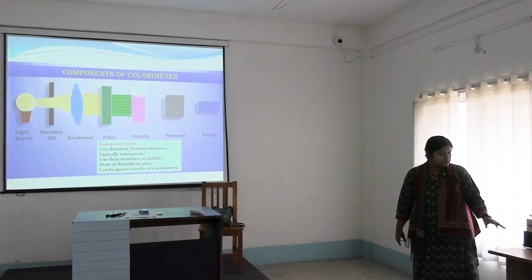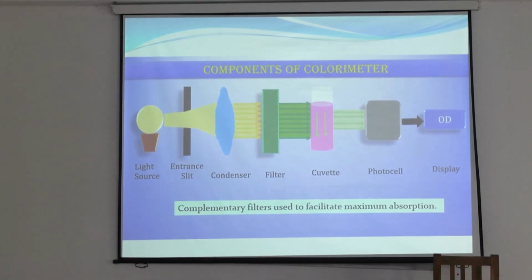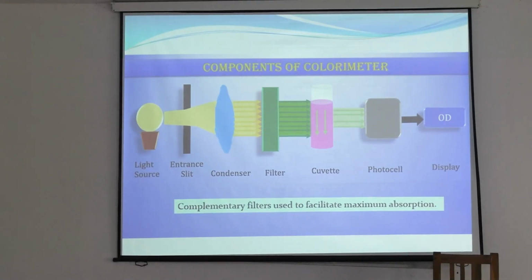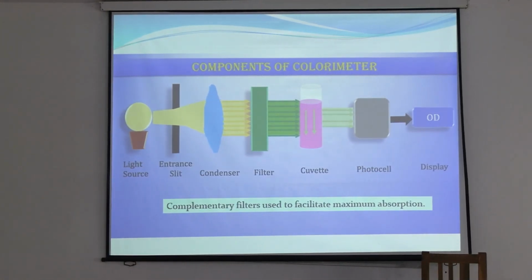Okay, clear? And as the light passes through the solution, it will fall on the photocell and the OD will be measured. Optical density or absorbance will be measured, and we use the complementary filter. Can you see, the solution is pink in color and we are using a green colored wavelength. Why? To maximize the absorption in the solution. Green is complementary to pink.